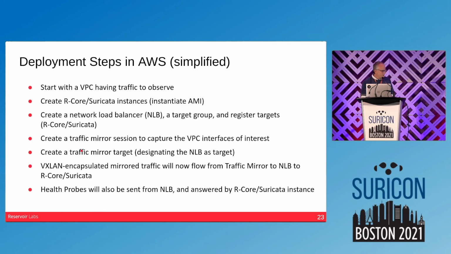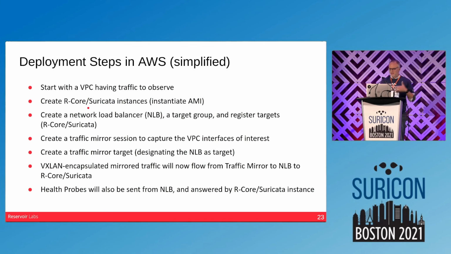The deployment steps, I'll also keep at a high level. Number one, you start with the VPC in the cloud, where you have traffic that you want to observe. So maybe you have instances that you're trying to monitor. Then number two, you create your Suricata instances.